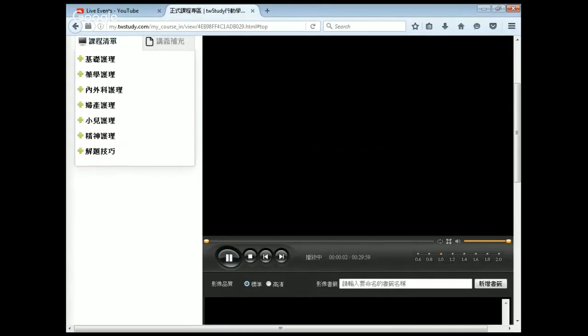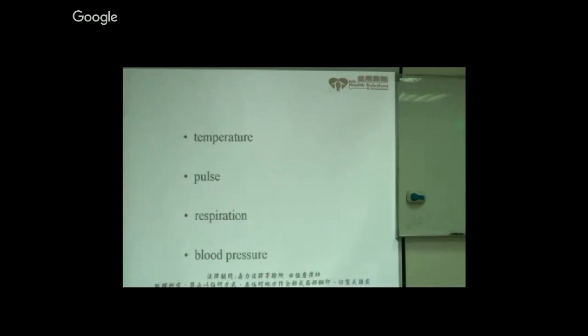So when we speak of vital signs, we're talking about temperature, pulse, respiration, and blood pressure. Why do we take the vital signs of the patient? We check this to monitor the functions of the body, to see if your body is functioning well or not.